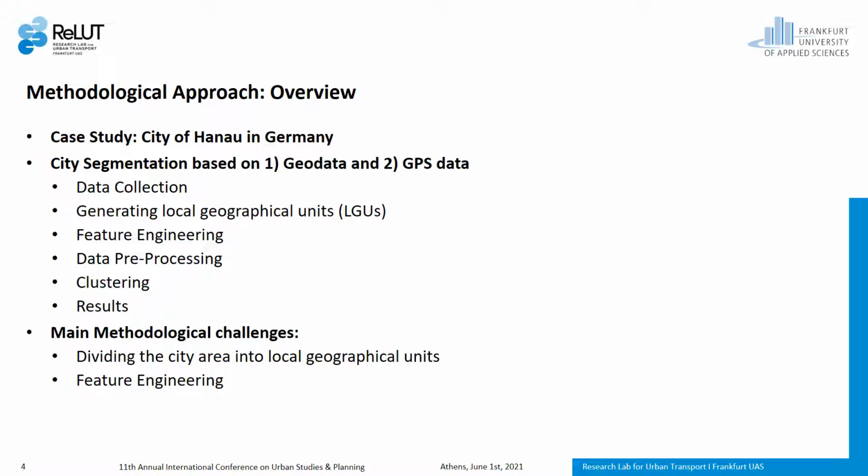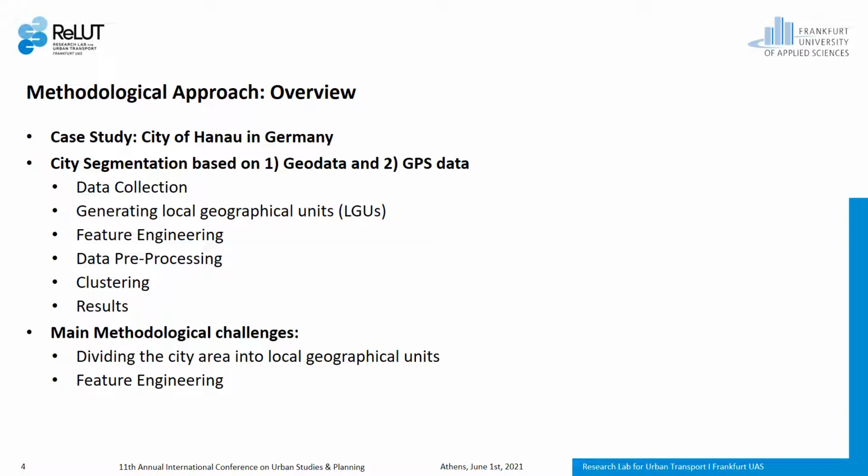It begins with data collection. Then we generate local geographical units, or as we call them, LGUs. They are basically the spatial objects which are to be clustered. Afterward, it is feature engineering, where we define the variables based on the properties of the raw data and prepare the proper input dataset.